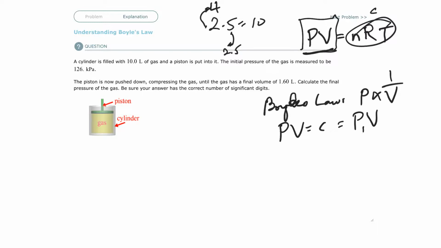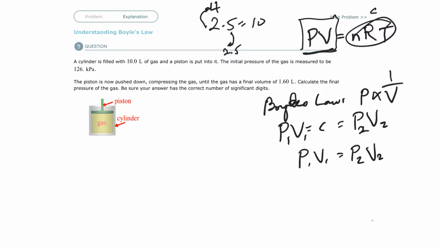So let's say I have a first pressure times the first volume, and it's going to equal the second pressure times the second volume. Here's your formula: P1 V1 equals P2 V2. That's Boyle's law. They're going to give you 3 of the values and ask you to find the other one. So this is simple.